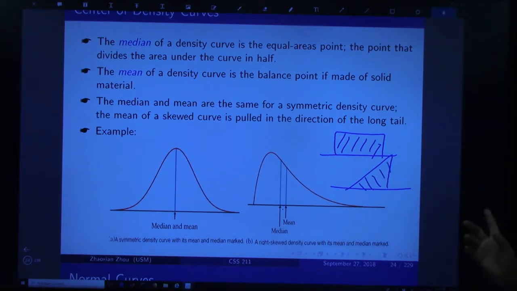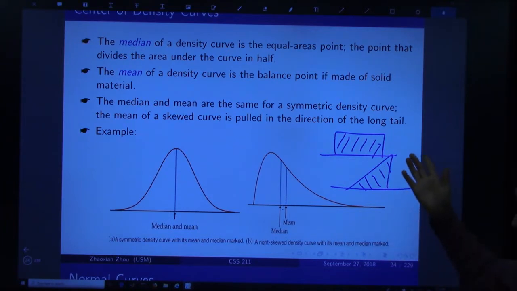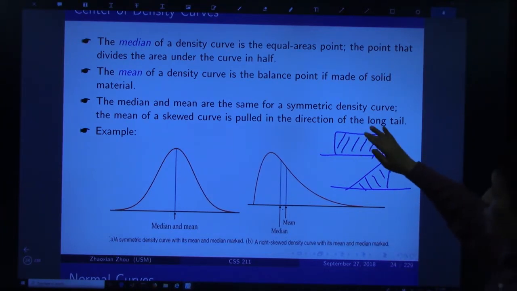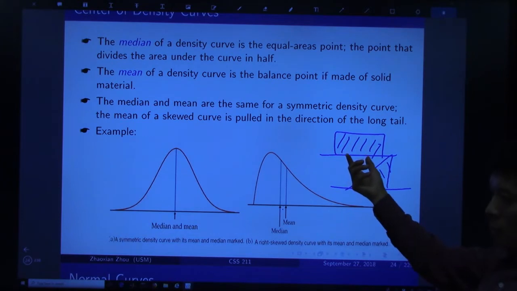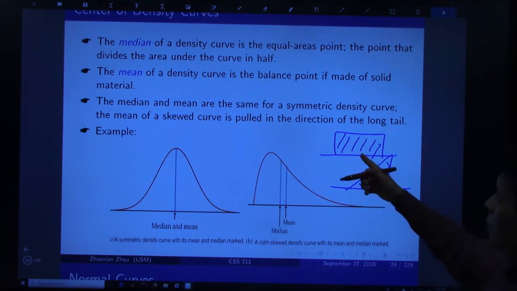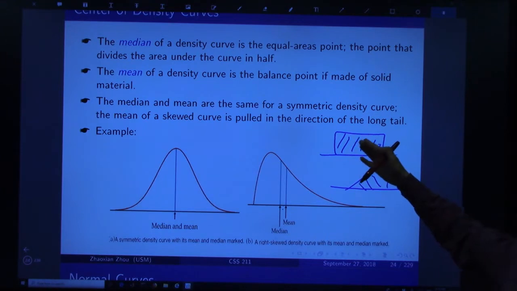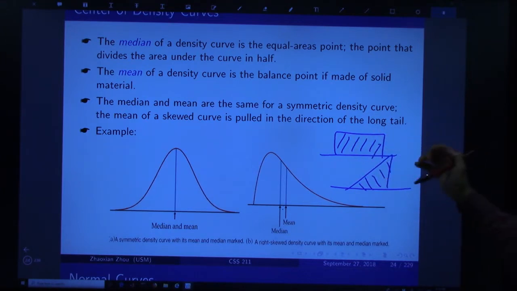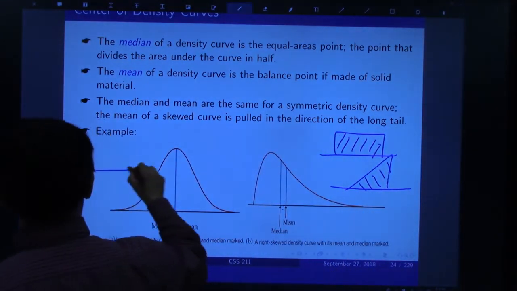This is condition 1. Condition 2 is that the area under the curve above any range must be equal to the proportion of the data. That means this density curve must be above the horizontal axis. We cannot have anything like this.